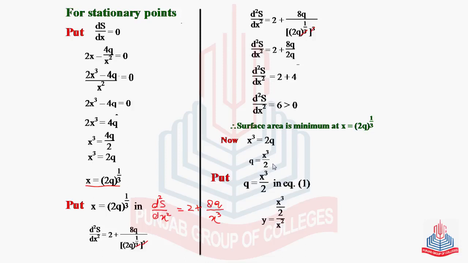So putting the value of q, that will become x cube over 2 divided by x square, and after simplification y, which was depth, will become x over 2, and our requirement was to make depth in terms of x. X was the side of this open tank, so the required depth will become x over 2.